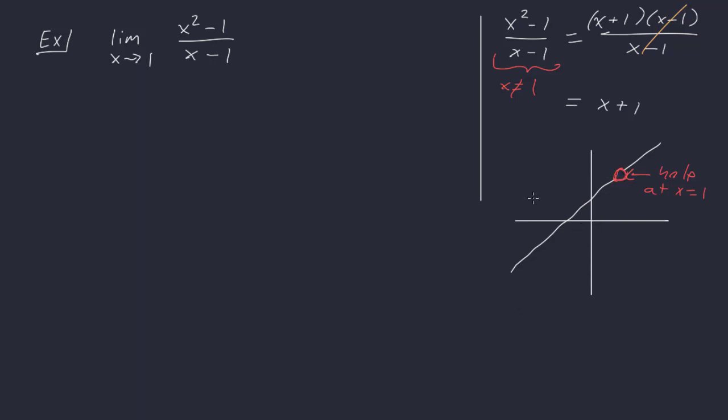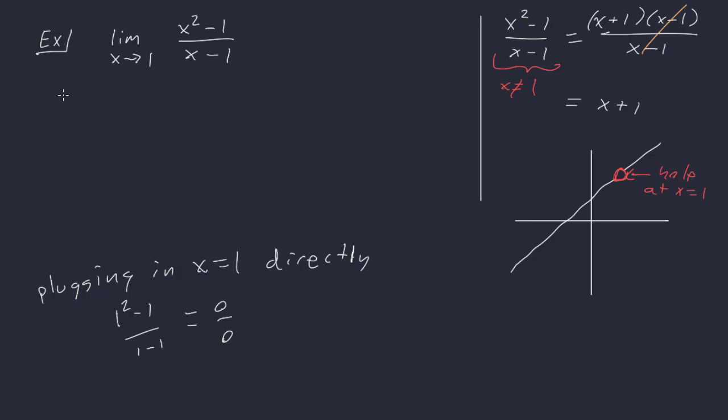So this is exactly how we deal with a limit, though. Because if we were to plug in x equals 1 directly, we would get 1 squared minus 1 all over 1 minus 1, which would be 0 over 0.